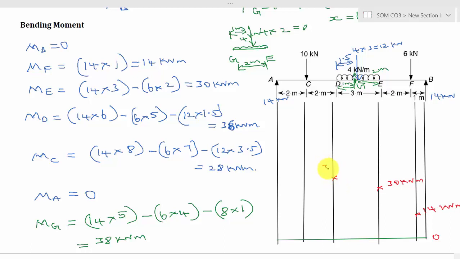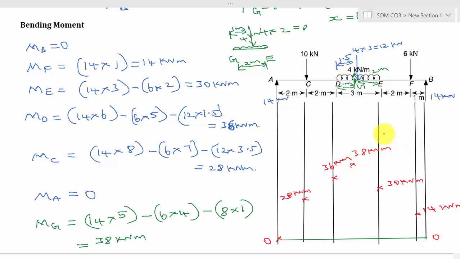Then at C, it is 28 kilonewton meter. And at A, it is 0. Finally, at point G, it is 38 kilonewton meter. So here, at this point, it is 38 kilonewton meter.